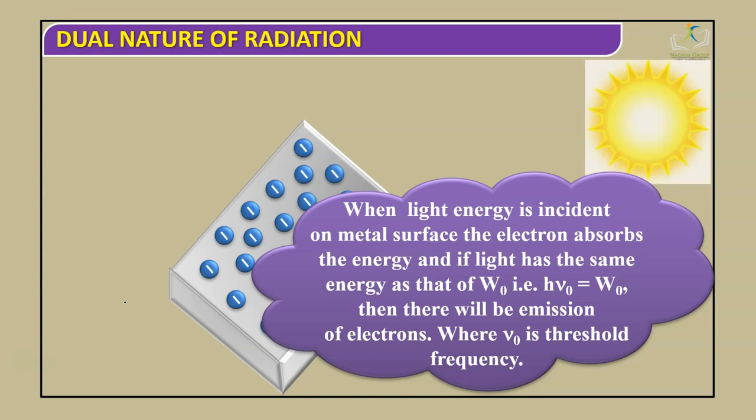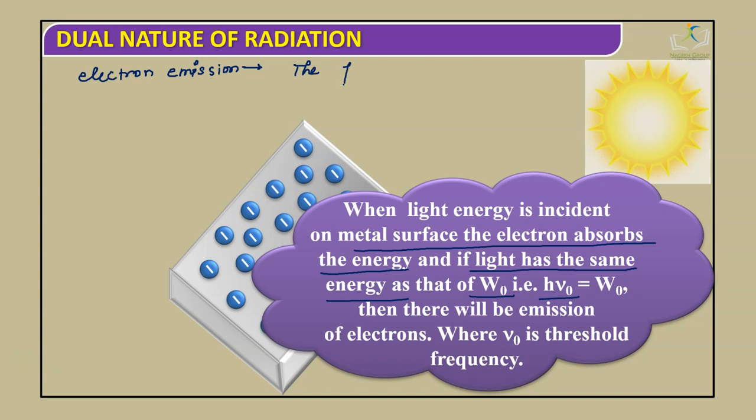Now we are moving on to electron emission: what is the meaning of electron emission and why does it happen? We saw that the metal surface electron absorbs the energy, and if the light has the same energy, that is, W naught equals h nu naught, electrons start to emit. This is called electron emission. So what is the meaning of electron emission?